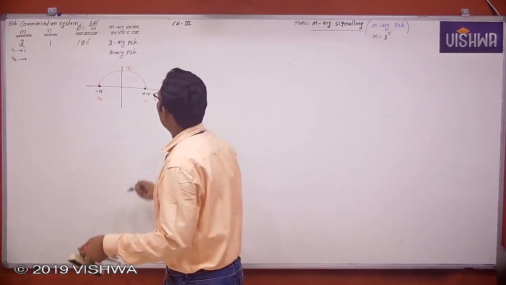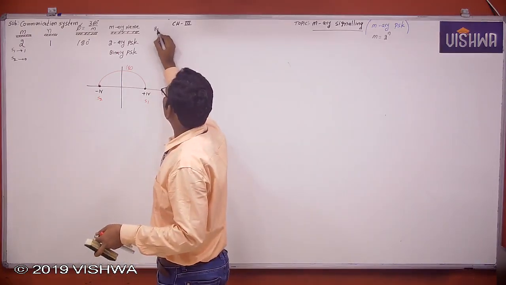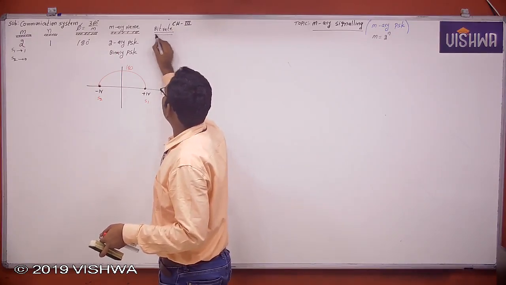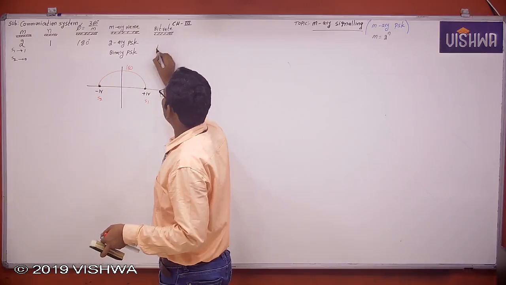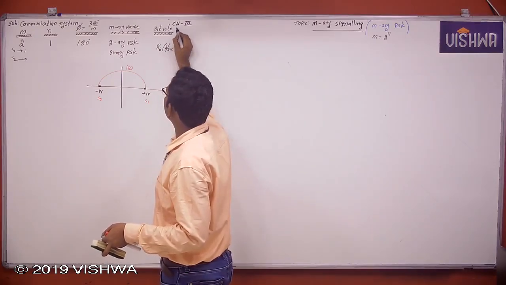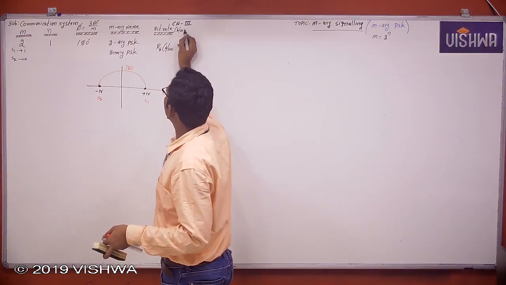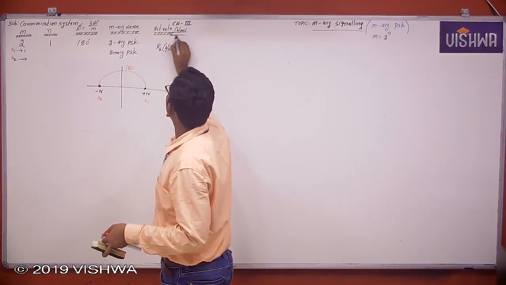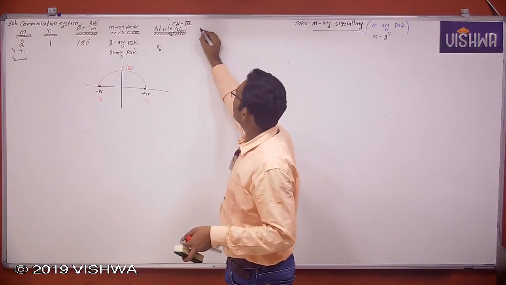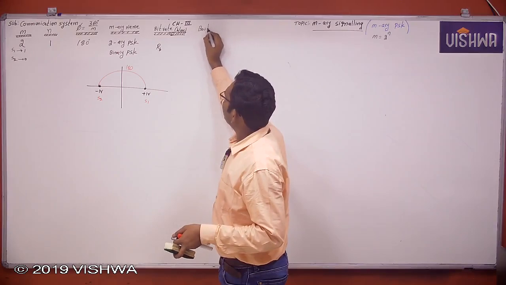Now bit rate. What is bit rate? The number of bits generated per second is called bit rate, R_B, bits per second. Now baud rate.